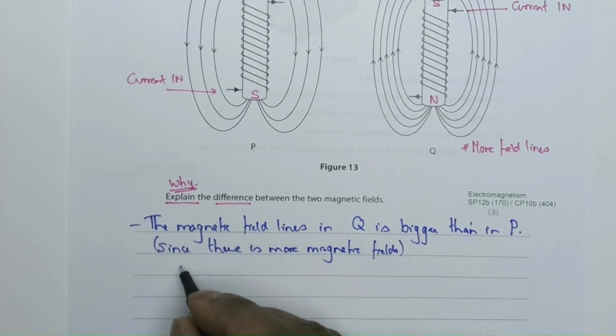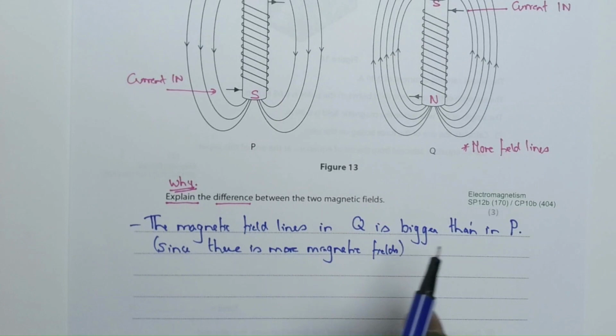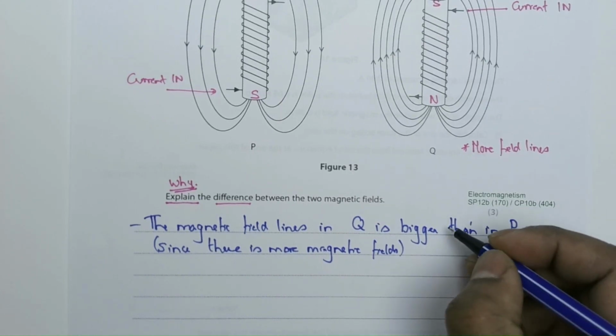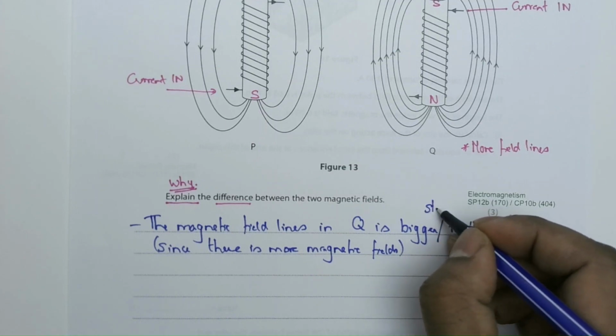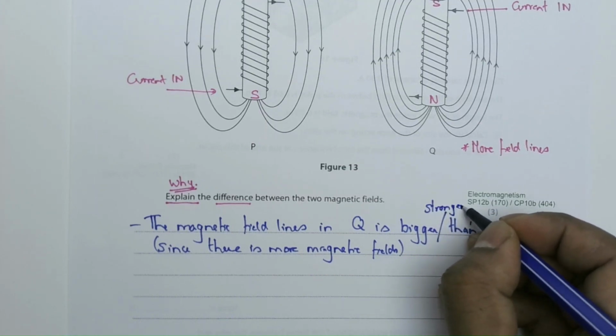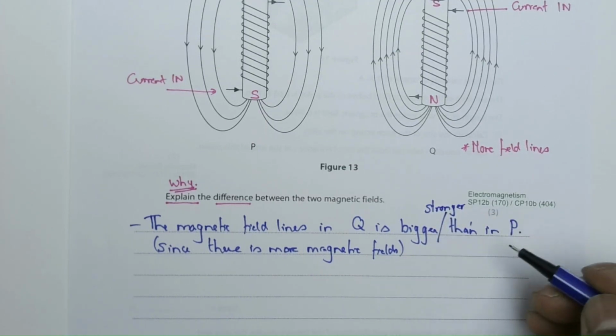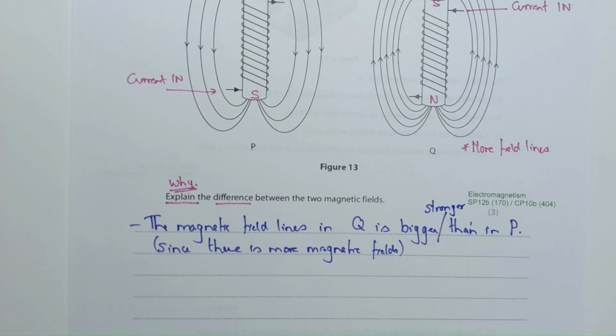Again, this part of the answer is not necessary. They are asking for the difference in the two magnetic field lines. So I've said they are bigger. I would actually use the word stronger. The magnetic field lines are stronger in Q than in P.